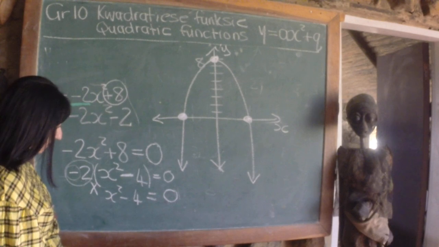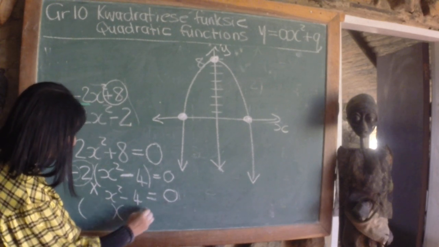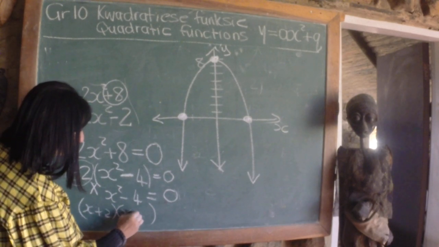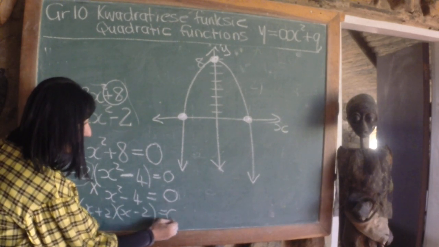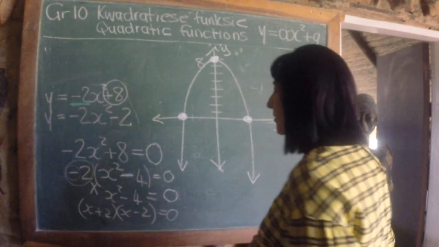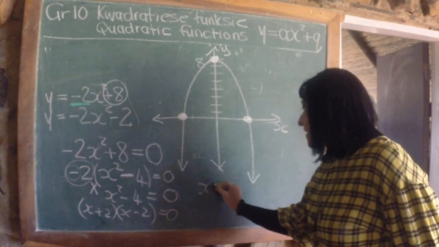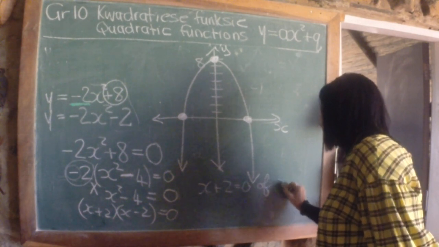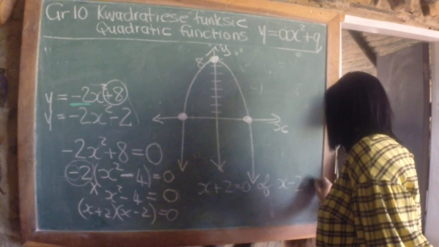0 gedeel deur -2 is 0. So let's factorize. Ek het 'n x plus 2, x minus 2, and that's the zero factor law, die 0 factor wet. So ek kan gaan sê, x plus 2 is gelyk aan 0, of x min 2 is gelyk aan 0.